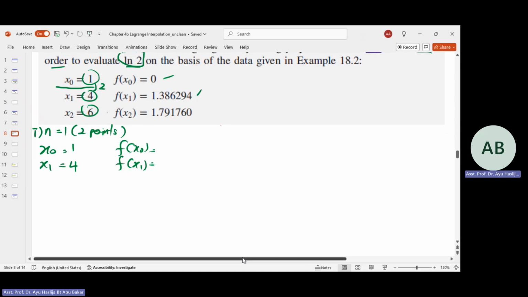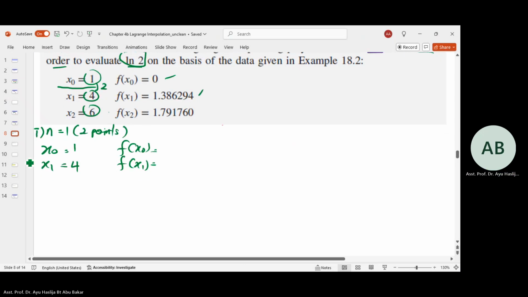Now, first step, identify your points. Second step, what is your function? The general function, okay? Lagrange, remember Lagrange.